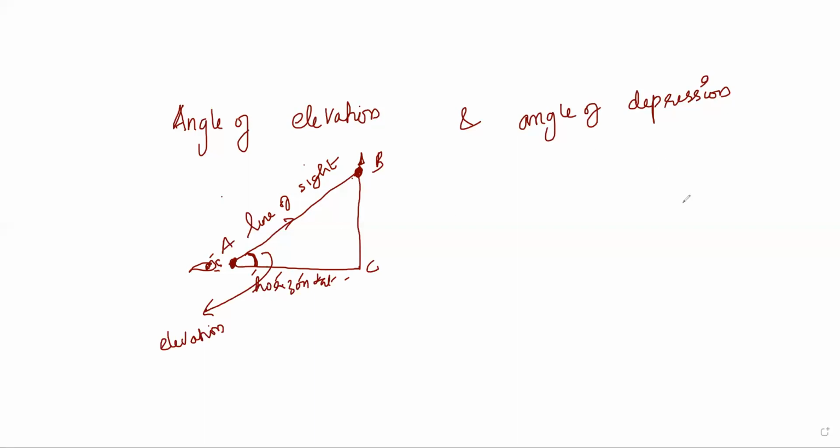Now, what is angle of depression? Suppose a person is here. He is looking from here to a point down.